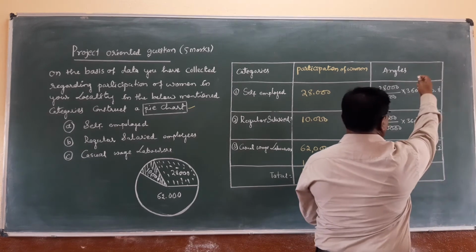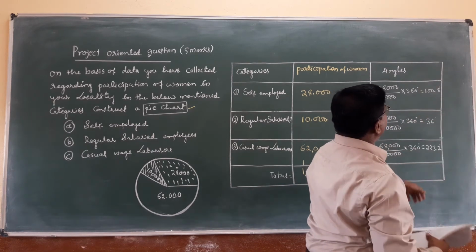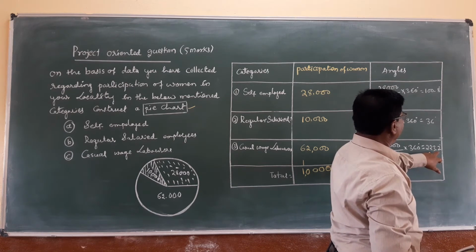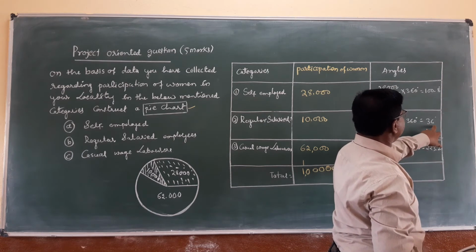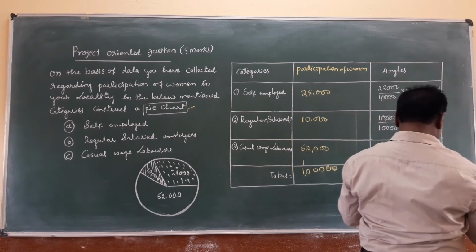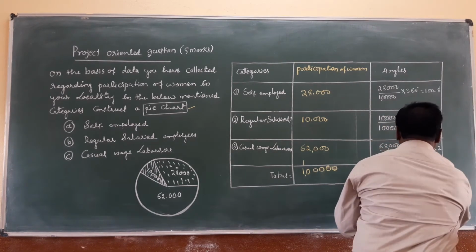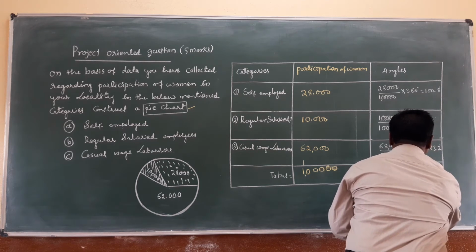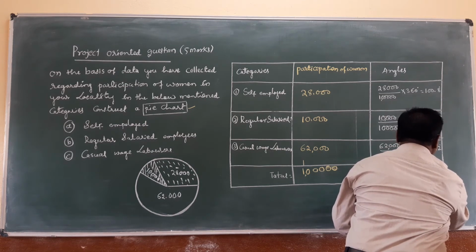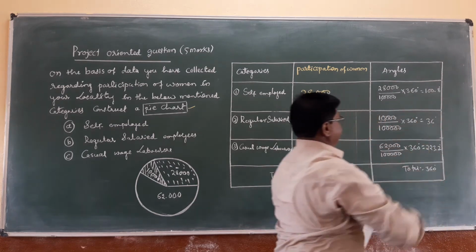Total: 223.2 plus 36 plus 100.8 is equal to 360. Total 360 degrees. It is degree wise.